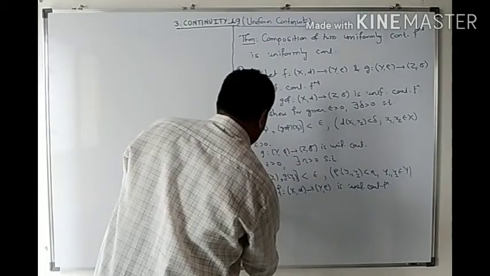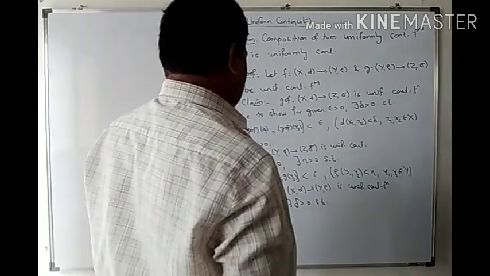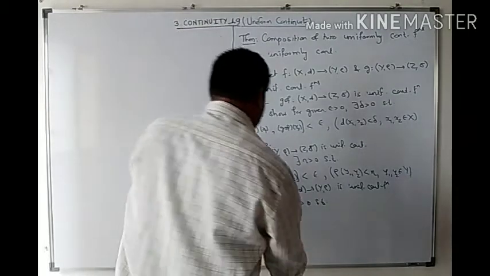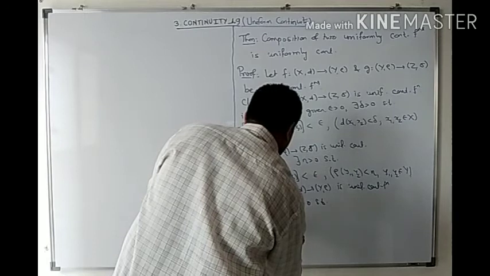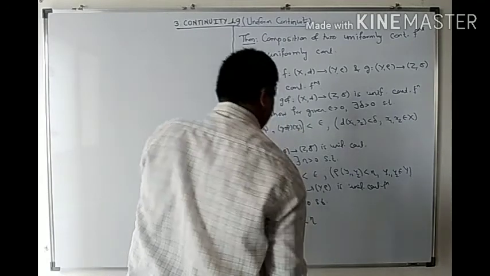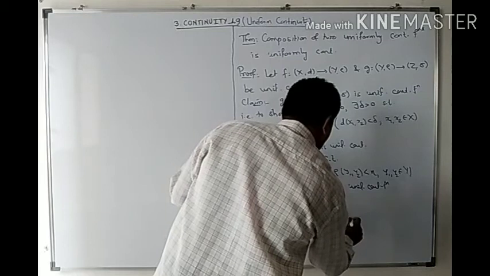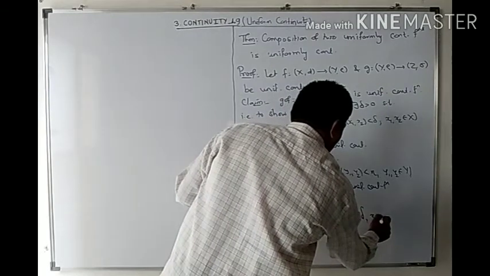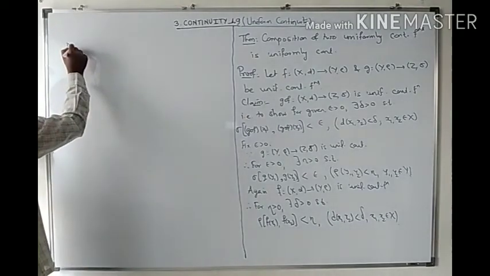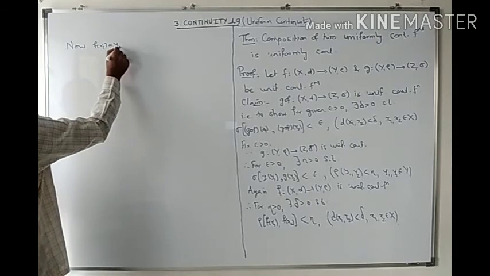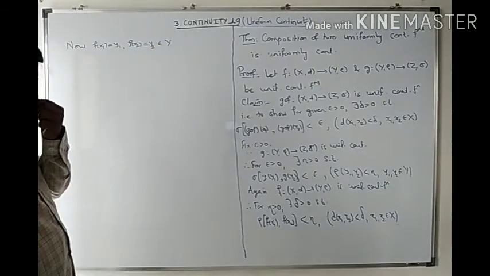Therefore, for eta greater than 0, there exists some delta greater than 0 such that rho of f(x1), f(x2) is less than eta whenever d of x1, x2 is less than delta, x1, x2 belonging to X. Now f of x1 is equal to y1 and f of x2 is equal to y2, belonging to Y.